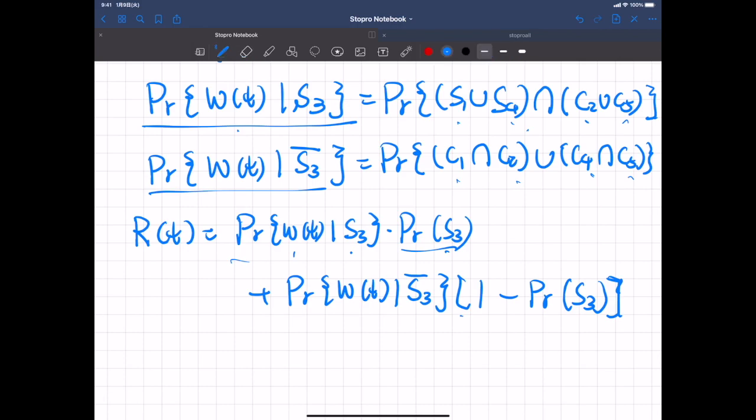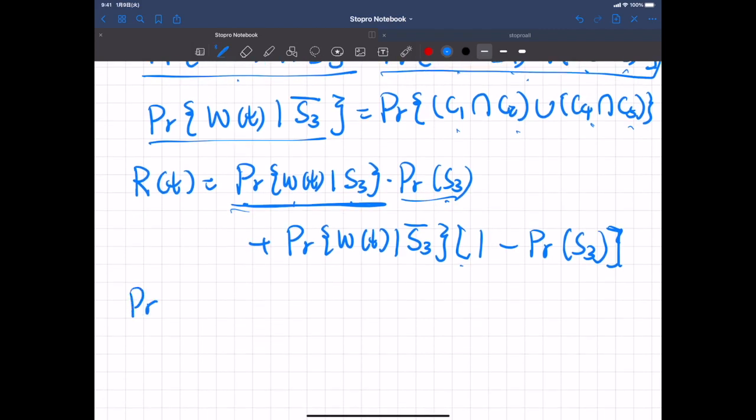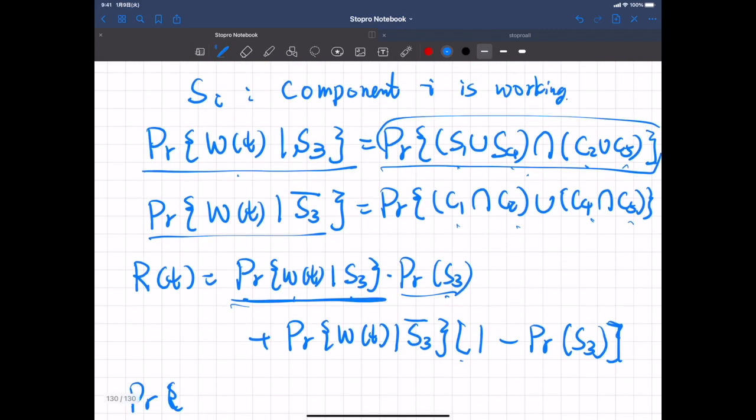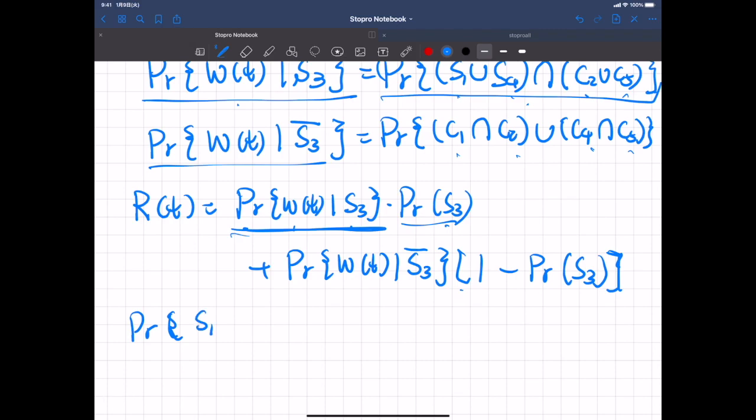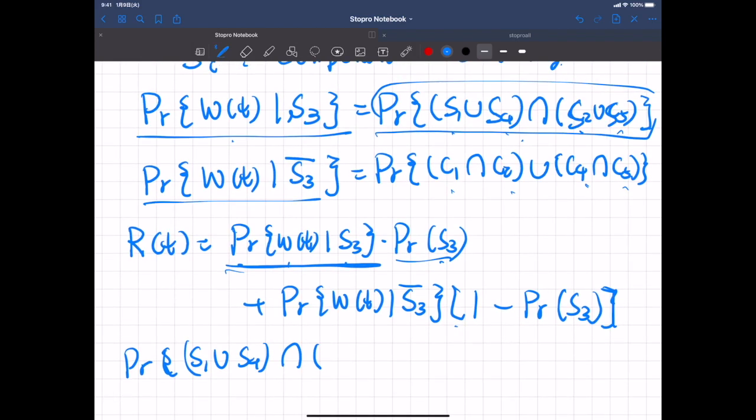Now let's calculate this in more detail. So this first term here is this. Okay, so let's put this probability of S1 or S4, and wait a minute, so this should be S actually.